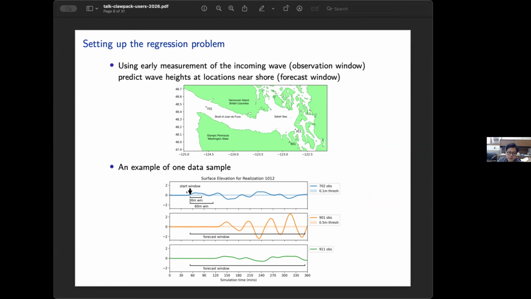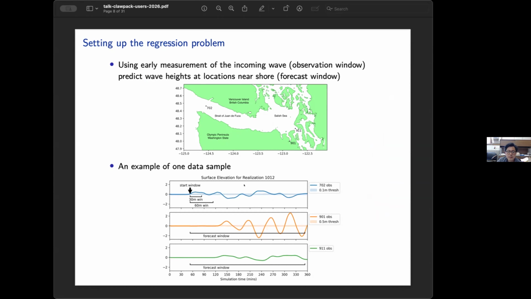As soon as it starts coming into the strait at 7:02, we look at maybe 30 minutes or 60 minutes of the incoming measurement, and we try to predict what's in the forecast window for the other two gauges, 901 and 911. So it's just a simple input to output supervised machine learning task.